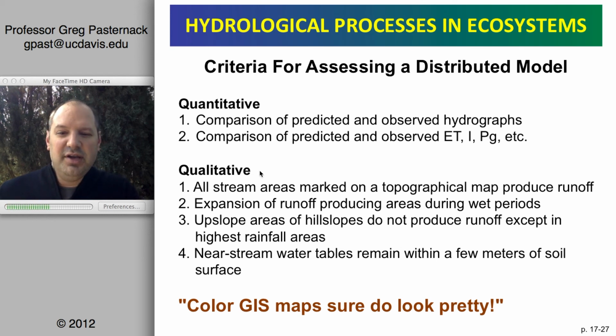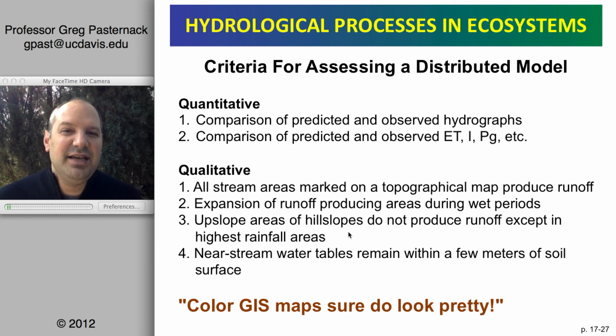Another thing you can do is qualitative assessment, like are all the streams that are actually flowing in reality producing runoff in the model? If they're not flowing in the model, then you've got a problem. Does the model show an expansion of runoff producing areas during wet periods? In other words, is the variable source area concept functional? Upslope areas of hill slopes shouldn't produce runoff except in the highest rainfall areas.